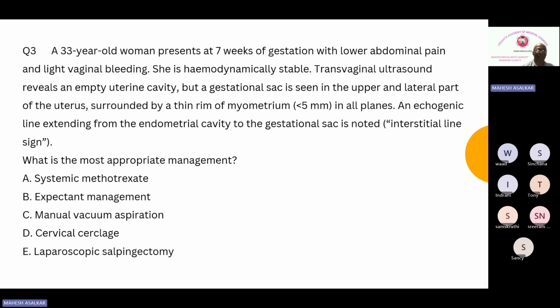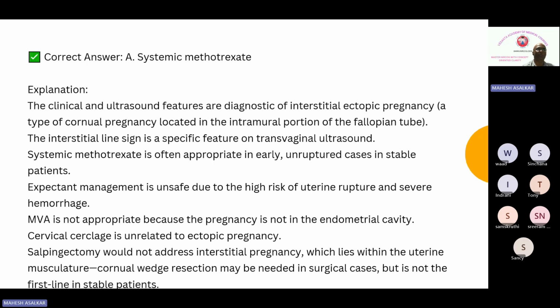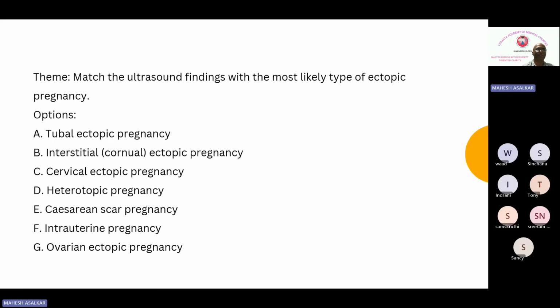We have seen which method for which type of ectopic. Here it is going to be systemic methotrexate. Systemic methotrexate is often appropriate in early unruptured cases in stable patients. Expectant management is unsafe. MVA is not appropriate. Salpingectomy would not address the interstitial pregnancy which lies within the uterine musculature. So that is the explanation.